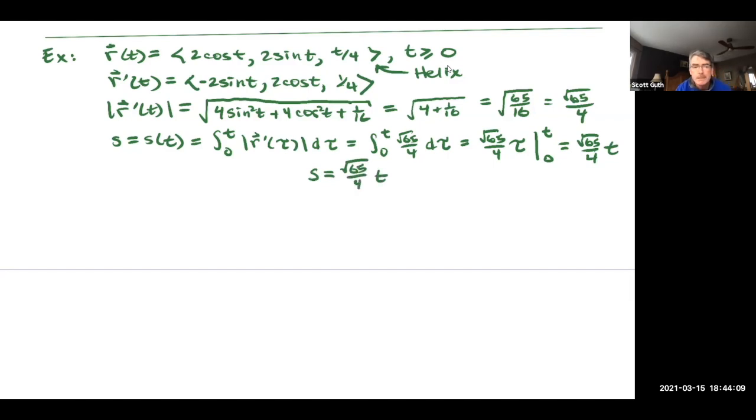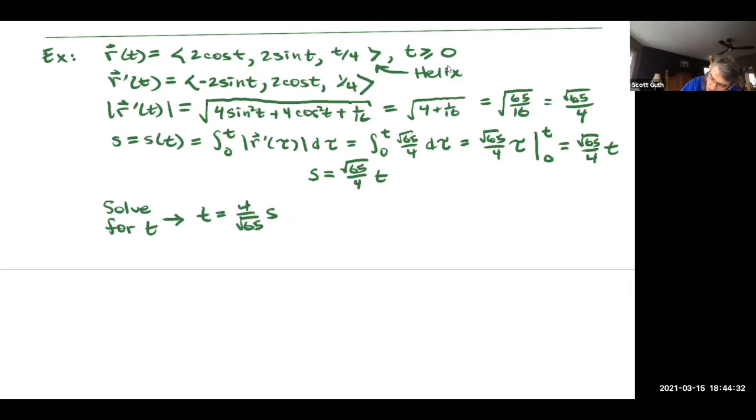Okay, but then the instruction said to solve for t. So if we solve for t, then t is 4 over the square root of 65 times s. And I am not going to clean that up. I apologize.